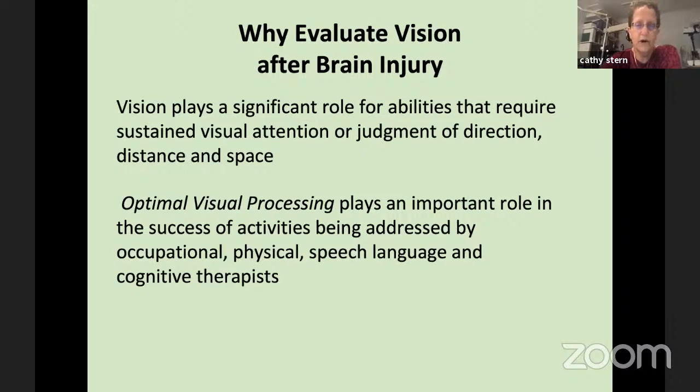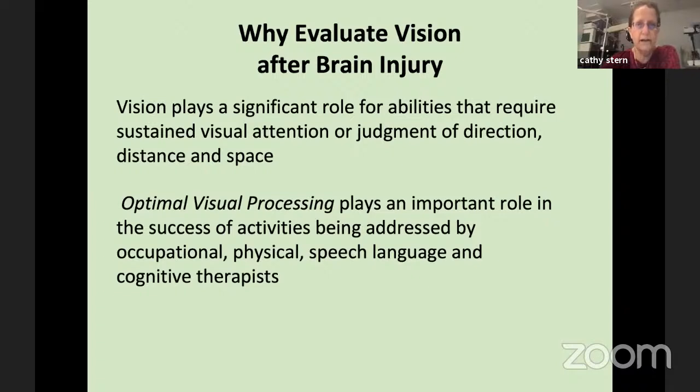And so if you want to work on it for the person themselves, that's one thing, but we also understand that vision directs action. And so if the patient is also receiving occupational therapy, physical therapy, speech language therapy, physiotherapy, cognitive therapy, any of those kinds of things, then by having optimal visual processing, they will be more successful in those therapies as well.